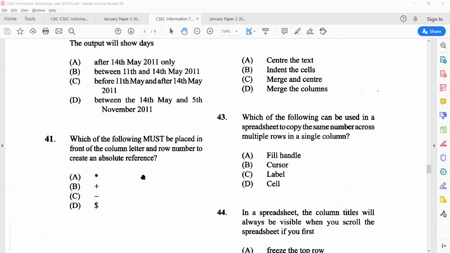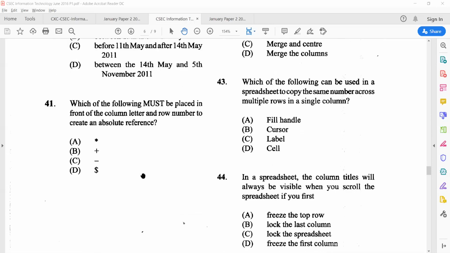All right? Okay. 41. Which of the following must be placed in front of the column letter and row number to create an absolute reference? So which one of these symbols is placed before the column letter and row number to create an absolute reference?